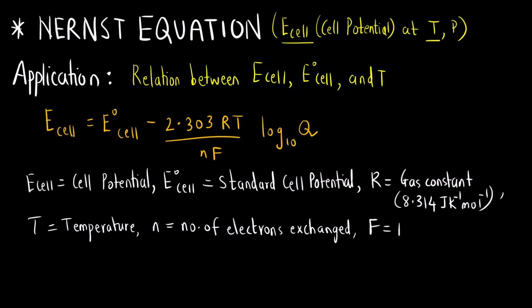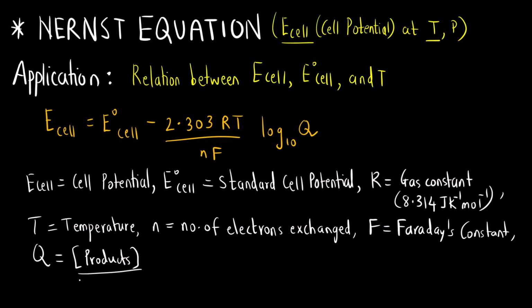What is F? F is Faraday's constant. What is Q? Q is the reaction quotient. It is the concentration of product divided by the concentration of reactant in the net cell reaction that we will be writing.